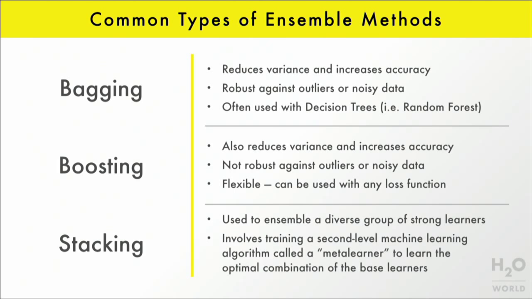What differentiates stacking from these other methods is that you actually use a second step of machine learning to learn what the optimal combination of the learners is. I know that's a lot of the word learn in one sentence, but basically you're doing machine learning on the machine learning and using the machine learning to tell you what the best combination is. And so it's a pretty hands-off method, and that's one reason that people like it.